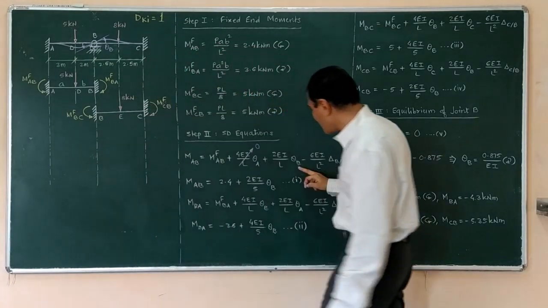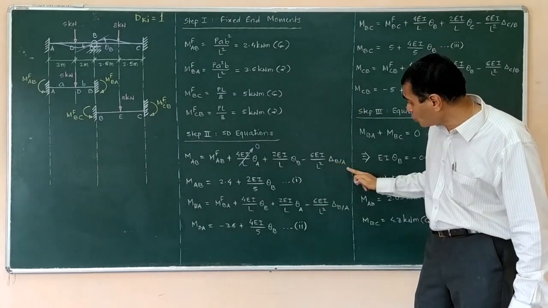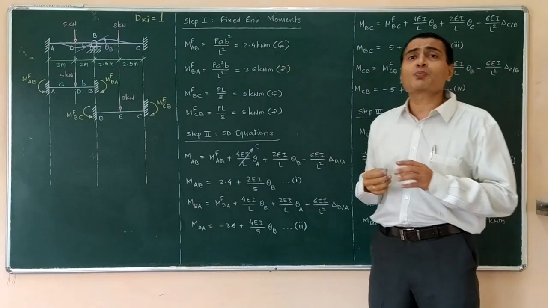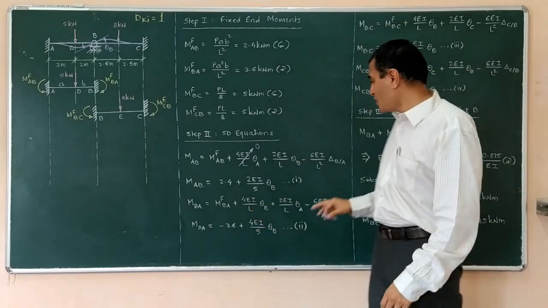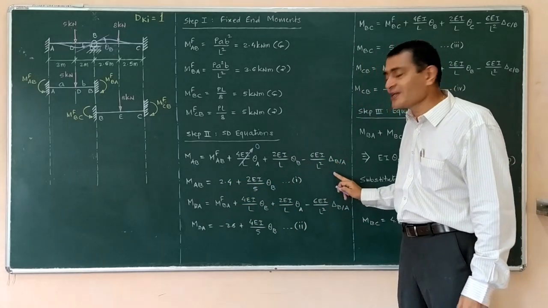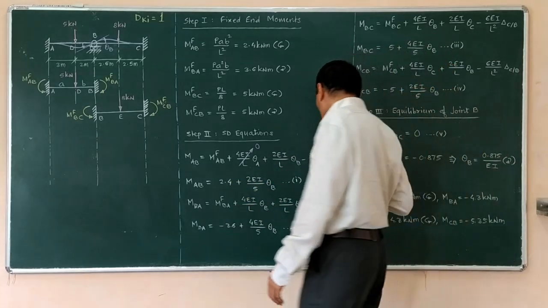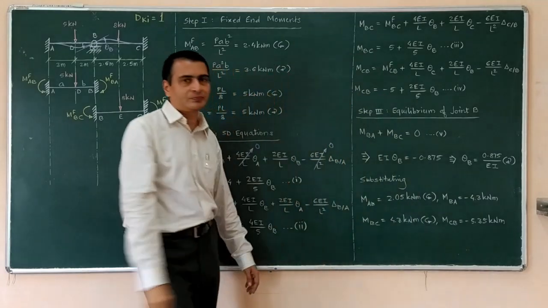There is of course theta B, so I am not going to do anything with theta B right now, but if you look at this, no sinking of support is mentioned. This is our first problem, very simple problem. So if sinking of support is not mentioned, there is no relative translation between the two supports, so that even this final quantity is going to be 0.